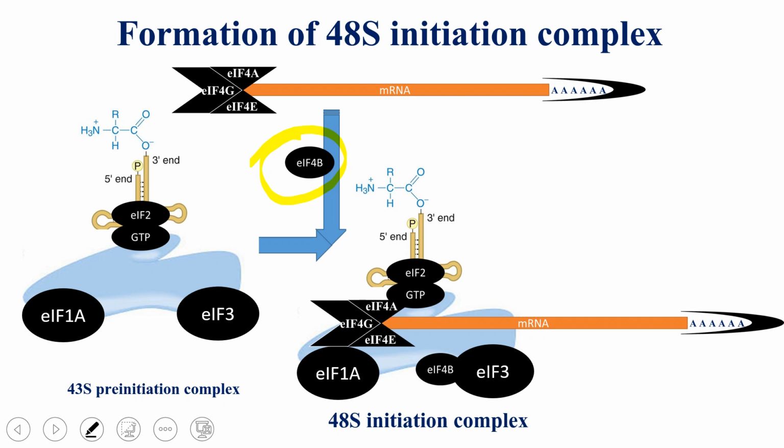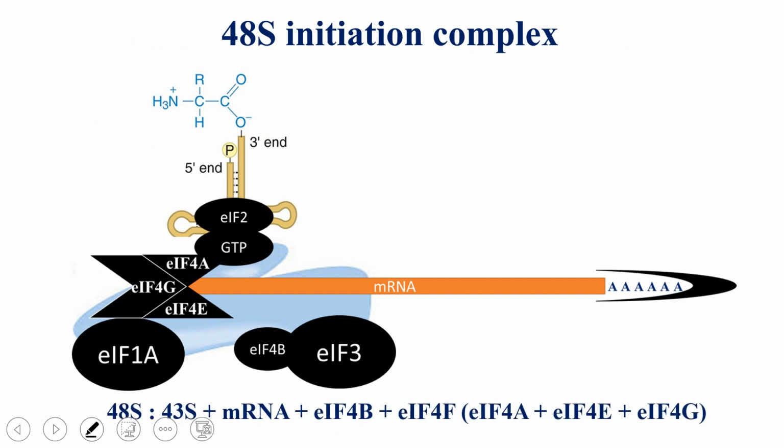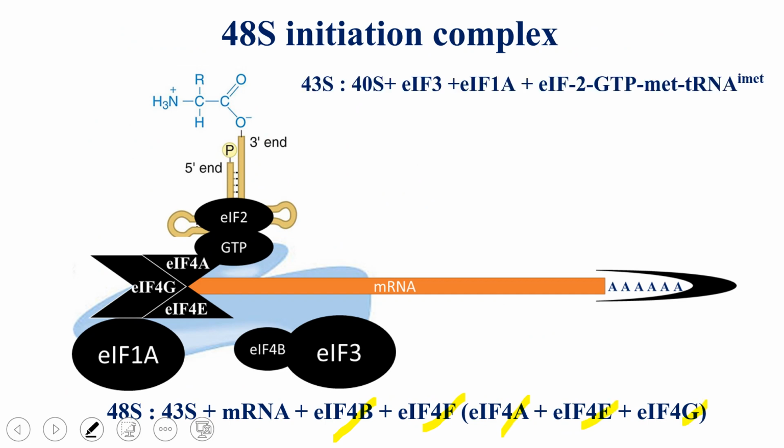The components of 48S are the 43S and the messenger RNA, along with 4B and 4F, where 4F means A, E and G. This 43S equals 40S, factor 3, factor 1A, factor 2 with GTP, and tRNA.